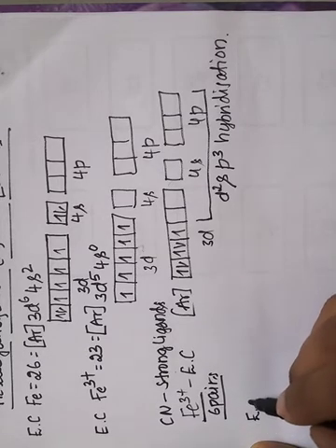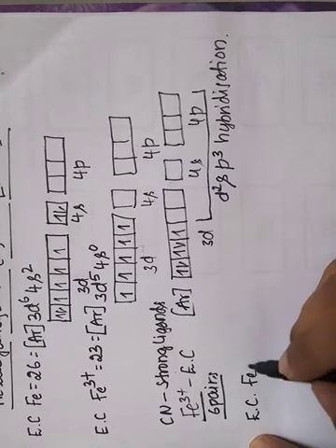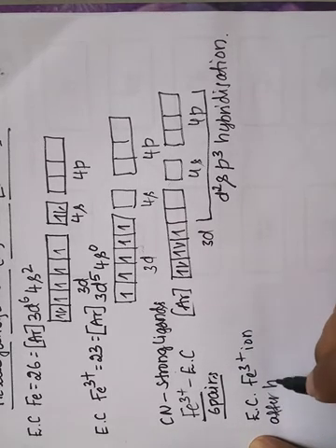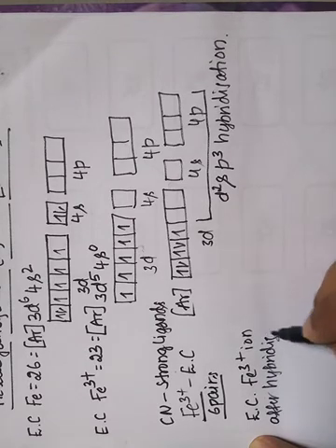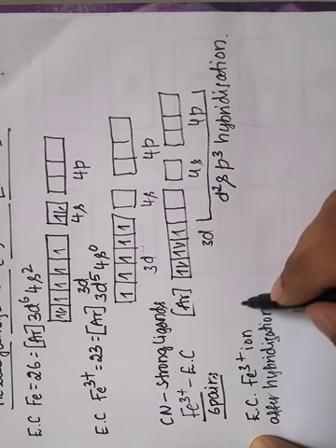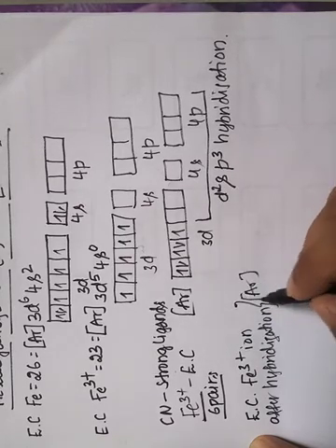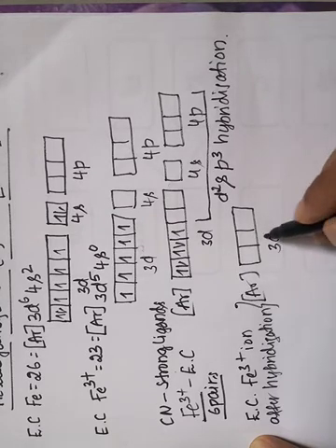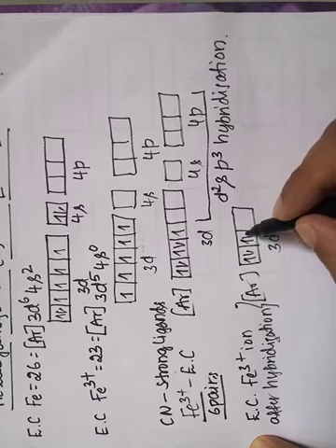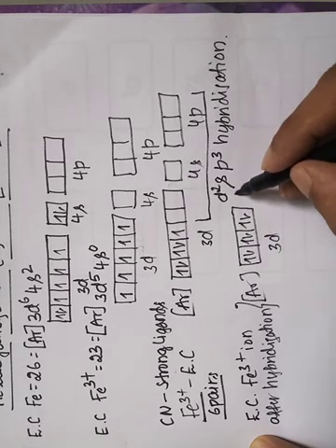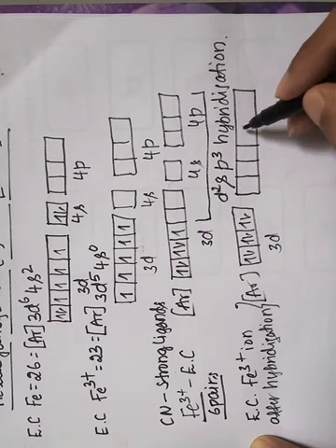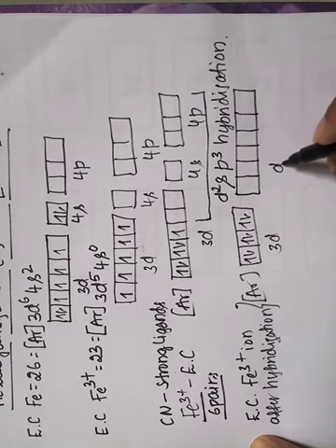After hybridization, let us see the electronic configuration of the Fe3+ ion: [Ar], the d orbitals, and these are the 6 d2sp3 hybrid orbitals.